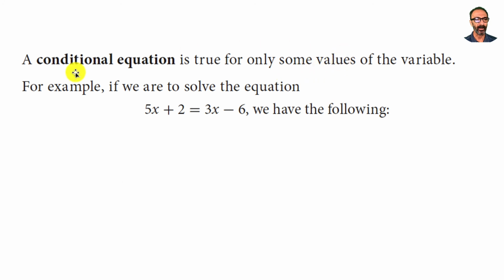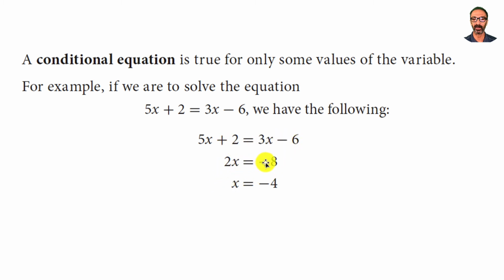Next, a conditional equation is an equation that has an answer that fits some values. For example, 5x plus 2 equals 3x minus 6. We have the following to try to solve it. If you subtract 3x from both sides, I get 2x on this side. And subtract 2 from both sides, I get minus 8.